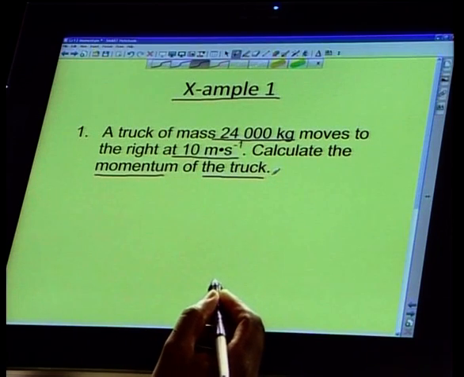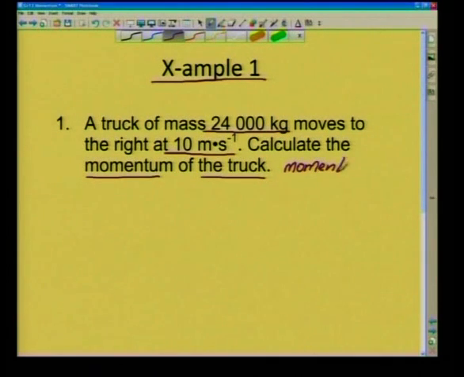There is something that we also need to note here, that momentum is a vector quantity. What do we mean by a vector quantity? It is a physical quantity with both magnitude and direction. Hence, here we are also citing the direction in which the truck is moving.